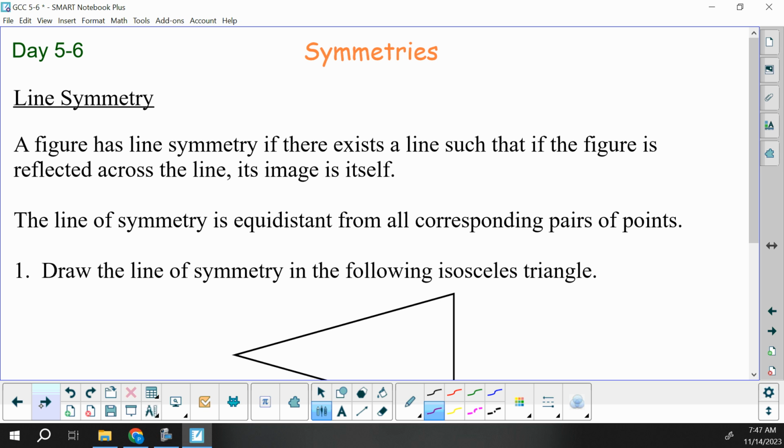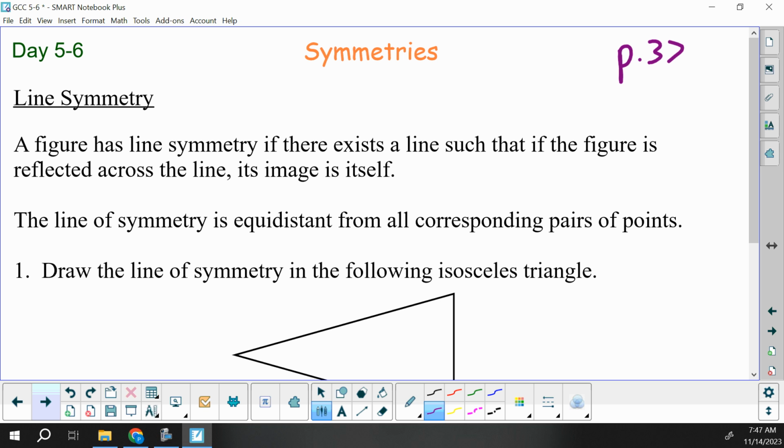All right, we're going to be starting on page 37, and today's topic is symmetries. So a line of symmetry is such that if the figure was reflected over that line, it would basically land on itself.